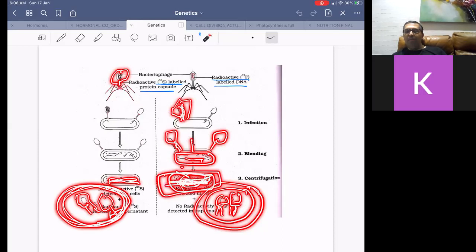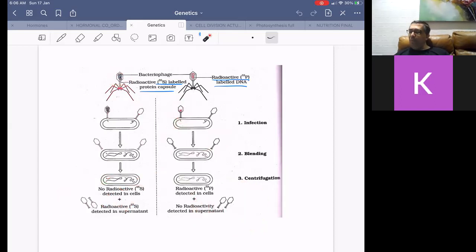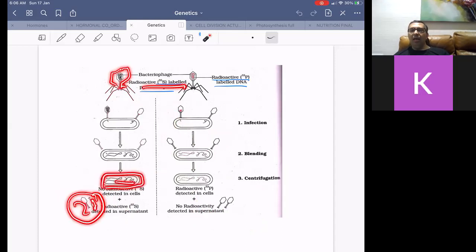Bacteria में radioactivity मिली, supernatant में radioactivity नहीं मिली, which means that capsid containing S35 were part of supernatant. उसमें रेडियोएक्टिविटी मिली एंड बैक्टीरिया में रेडियोएक्टिविटी नहीं मिली. तो proteins cannot be genetic material.